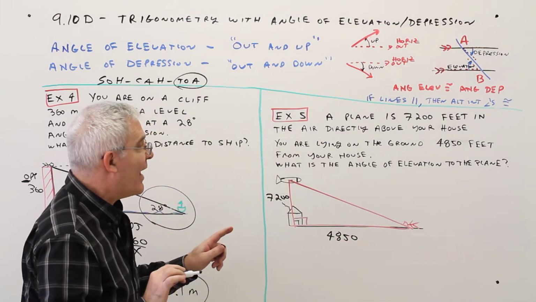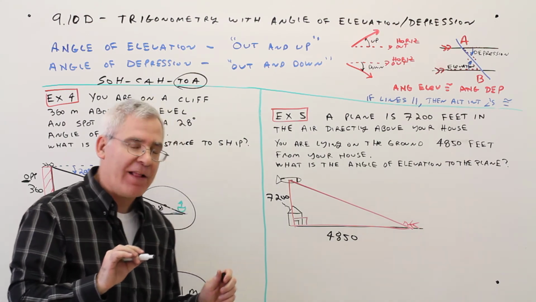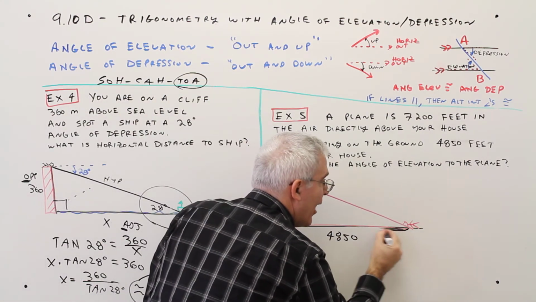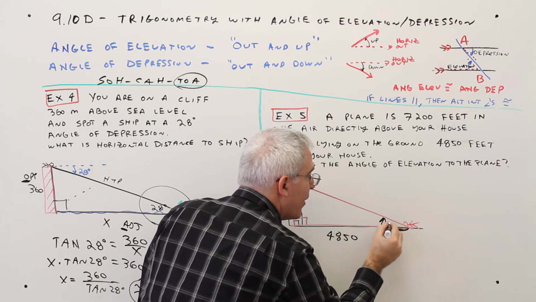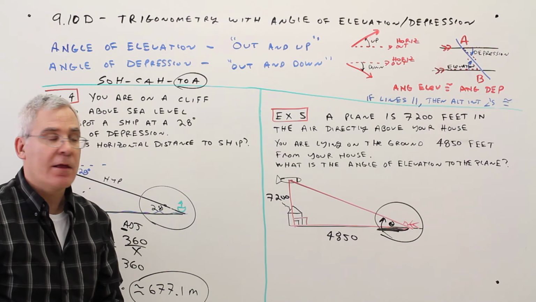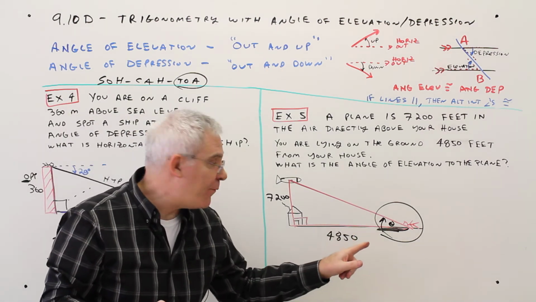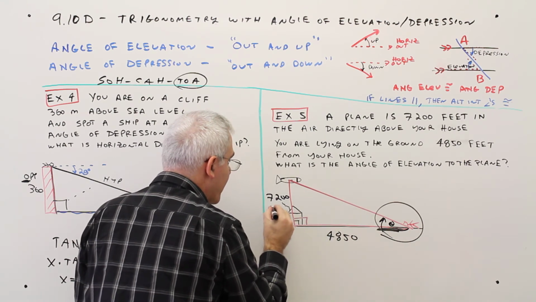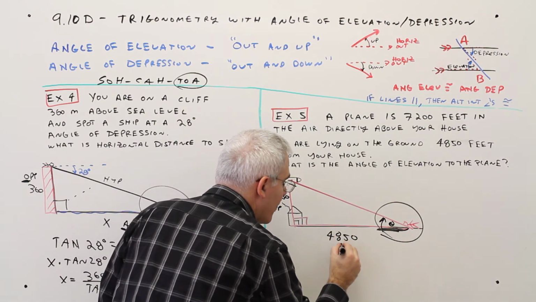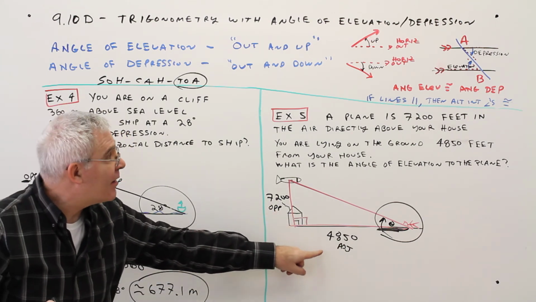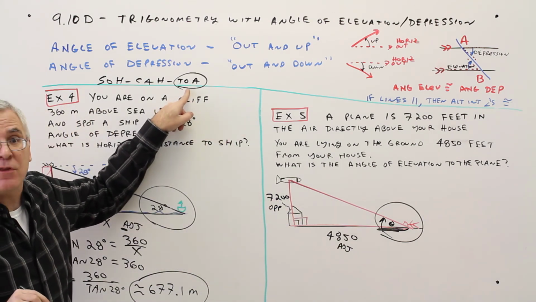And we're trying to find the angle of elevation, out and then up. Out and then up. So I'm trying to find that angle theta right there. All right. So theta is my reference angle. I'll start labeling. Again, you're the hypotenuse, you're the opposite, you're the adjacent. So once again, opposite and adjacent, tangent from TOA.